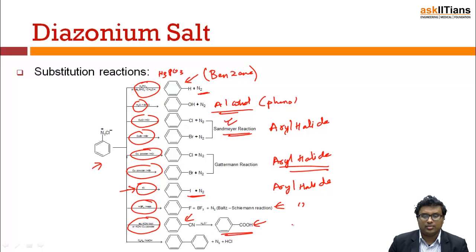So you will get an acid, benzoic acid. And not only that, you can get a coupling possible. So you can have a coupling where your two benzene rings get attached with each other. These are the different substitution reactions of your diazonium salt.